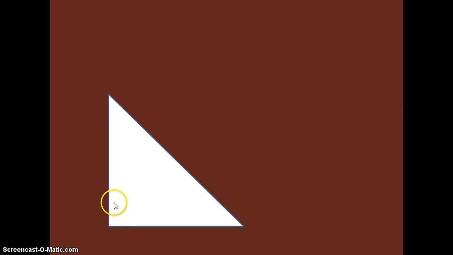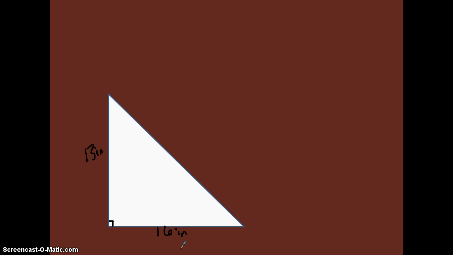Now, here we have an example of a right triangle, and I can put a little mark there to demonstrate that it is a right triangle. Now let's put some measurements on this triangle. Let's say that we have this side here at 13 inches, and this side here at 16 inches.